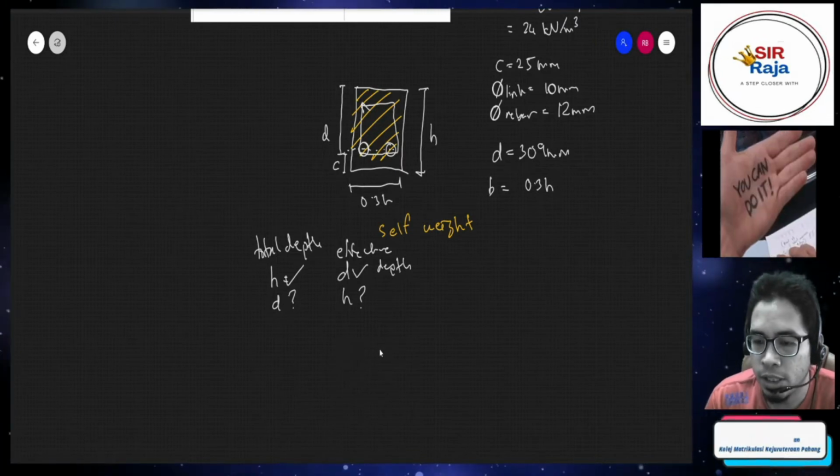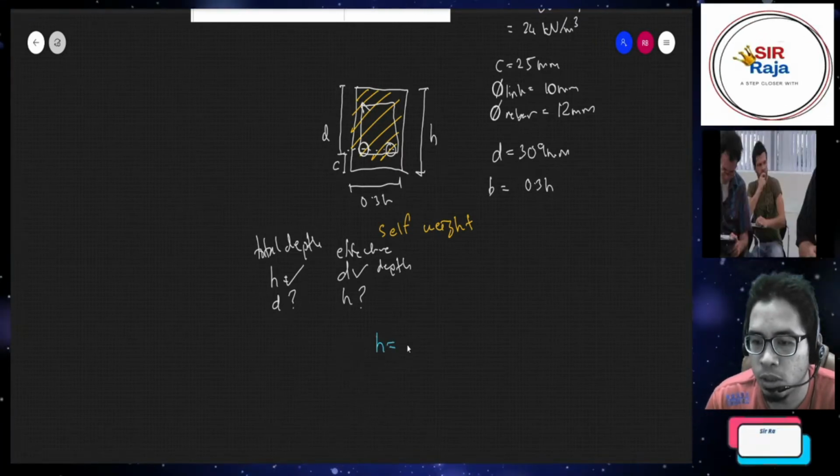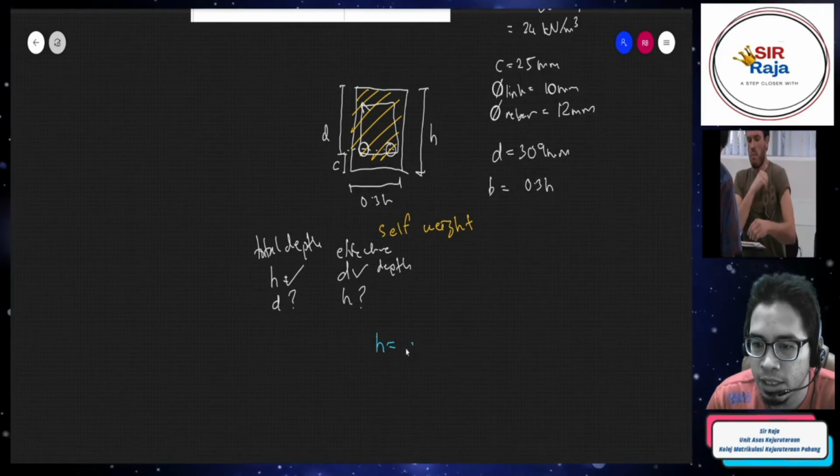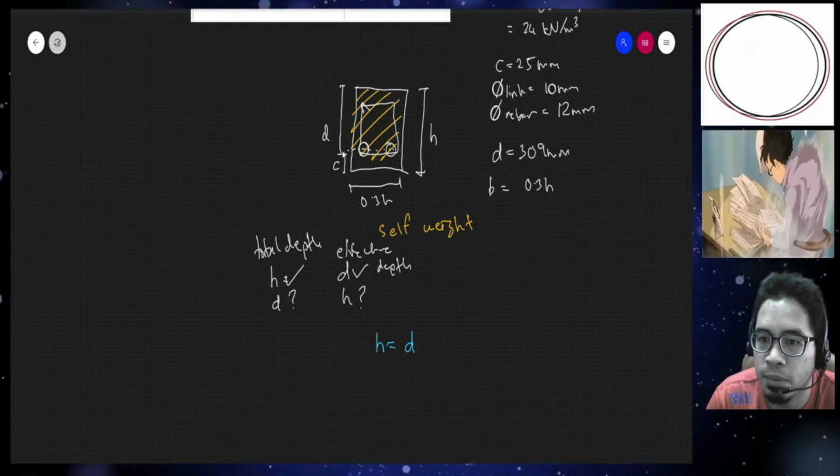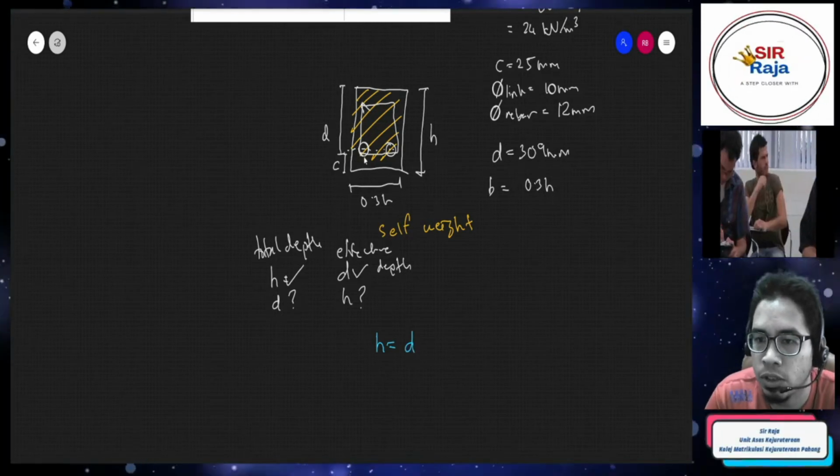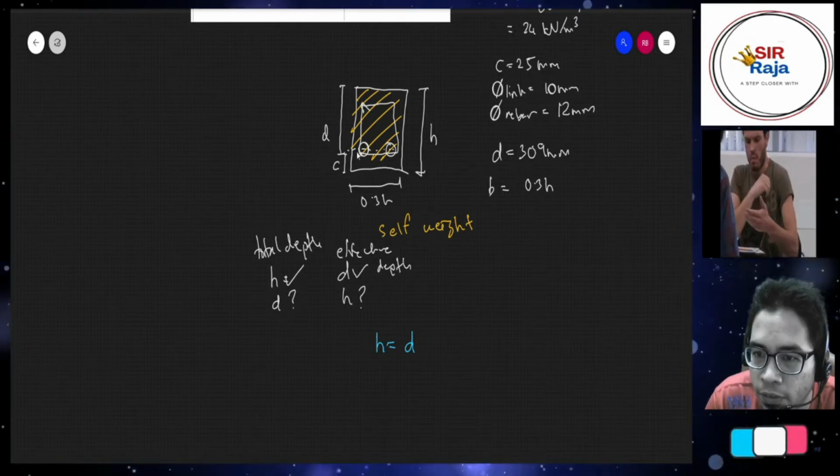So H is equal to D, plus the shear links, plus half of this part.